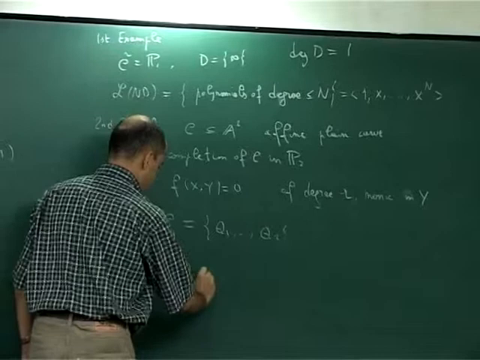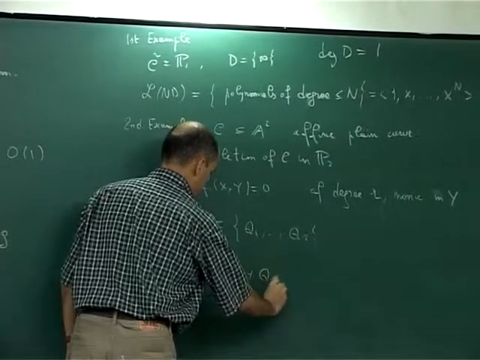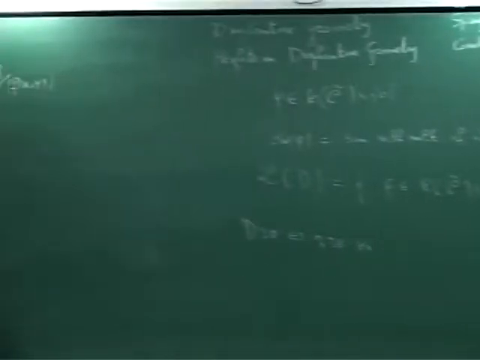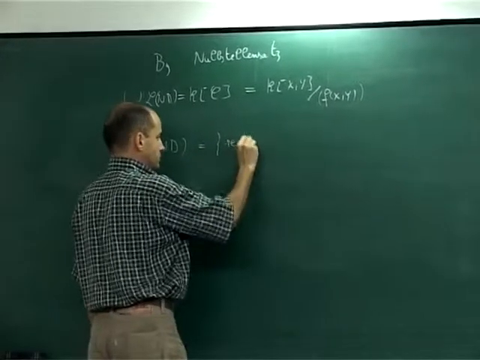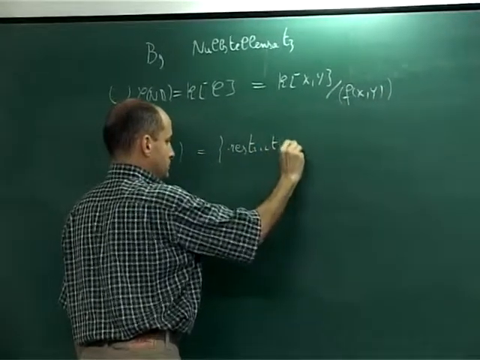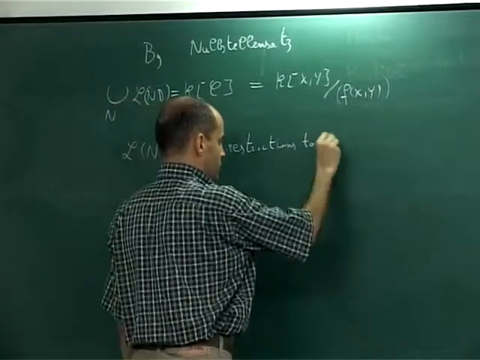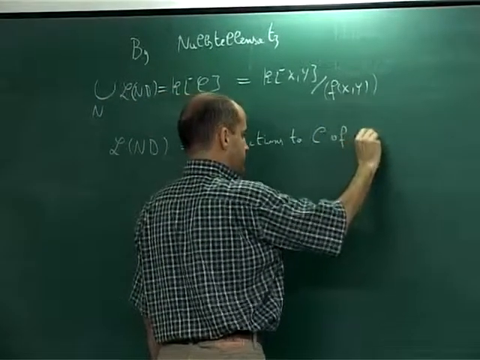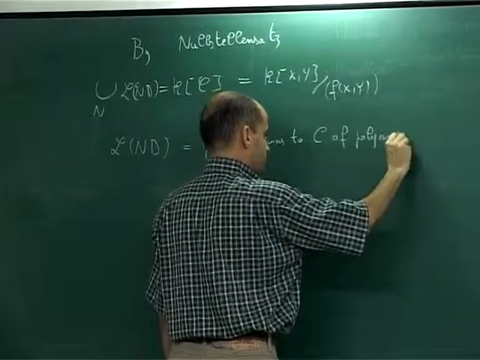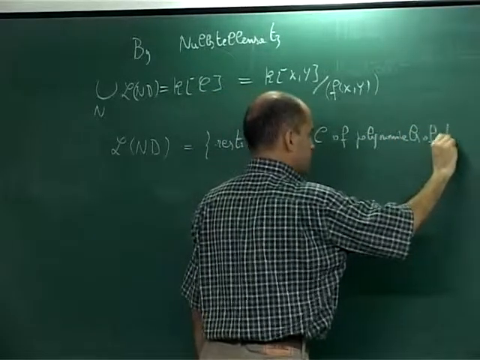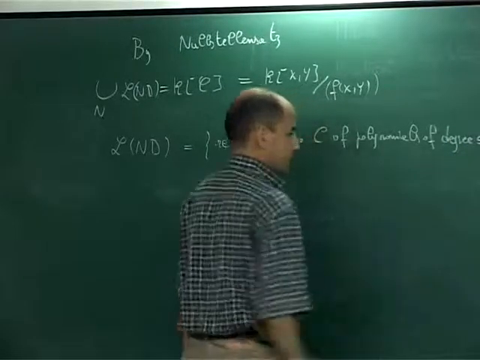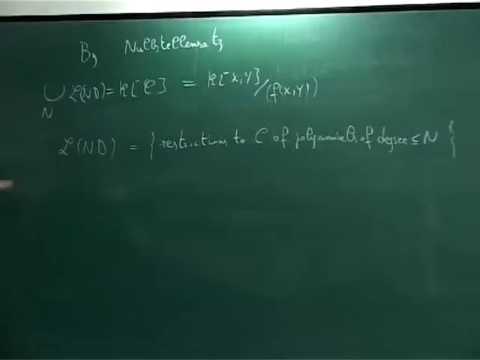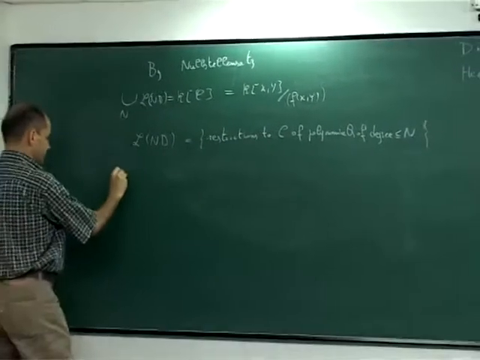D is Q1 plus ... plus Qr. Okay. And these are the restrictions to C of polynomials in x, y of degree at most n.